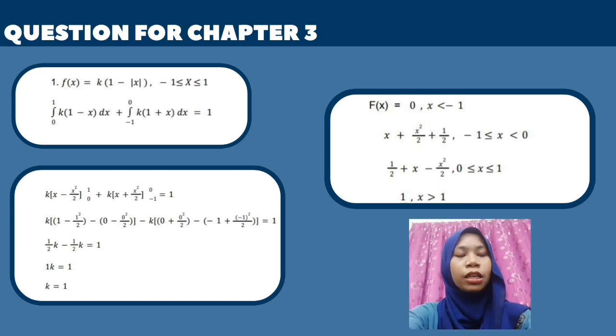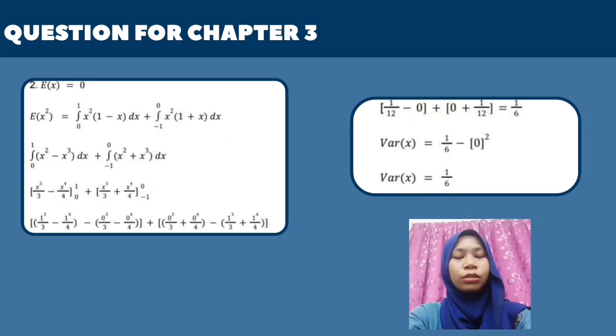So we get k is equal to 1. f(x) is 0 when x is less than negative 1; x plus x squared over 2 plus 1 over 2, x is between negative 1 and 0; 1 over 2 plus x minus x squared over 2, x is between 0 and 1; and lastly, 1 for x greater than 1.